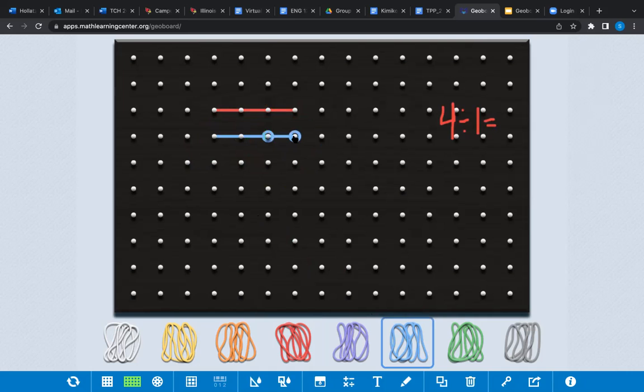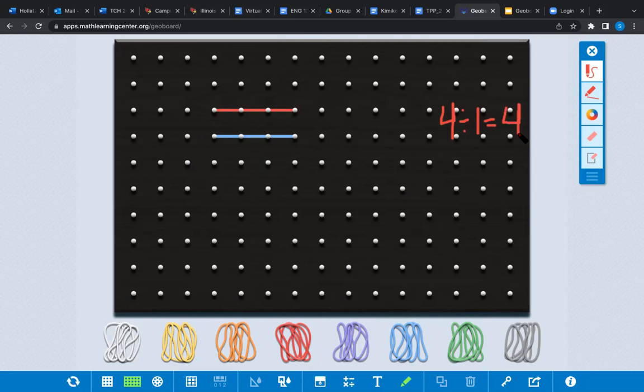And 4 does equal 4. So how many times did we have to do that to get 4? It is 4. Remember, anytime that you multiply something by 1, it is that number. So 4 times 1 equals 4. 5 times 1 equals 5. It is the same thing with division. 4 divided by 1 is 4.